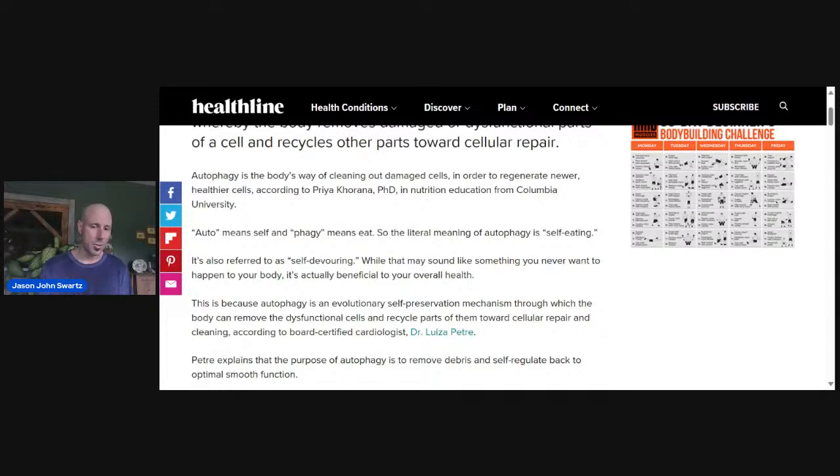I don't think it's evolutionary. I think it was right at the start of these complex body systems that were created by, in my opinion, an intelligent designer. But I won't get into religion and theology. This is because autophagy is a self-preservation mechanism through which the body can remove the dysfunctional cells and recycle parts of them towards cellular repair and cleaning.